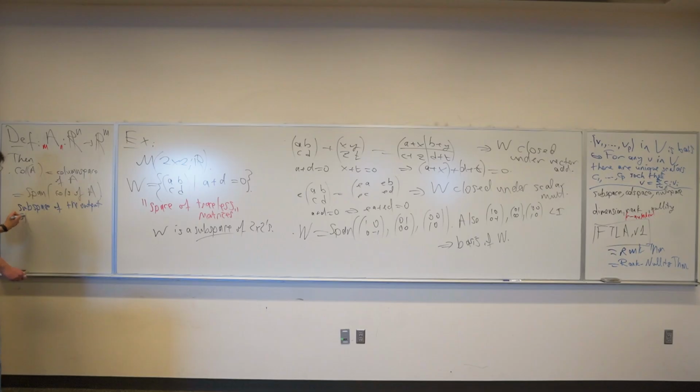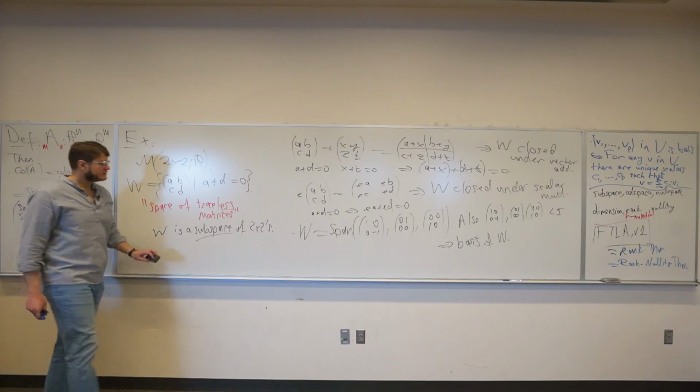Right, because this makes sense, because I'm saying A is m by n, which means that each column of A is going to be m-dimensional. And so when I look at the span of these m-dimensional vectors, well, it's going to be a subspace here. Because in principle, n doesn't need to be the same thing as m. Okay.